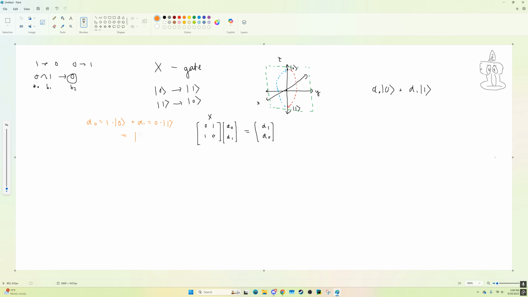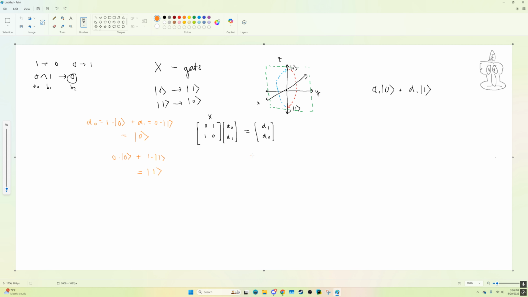And that simplifies to just ket 0, right? And that's what we're saying we're starting with. And then when you apply this matrix X, you are flipping the probability amplitudes. So alpha 0 becomes alpha 1, alpha 1 becomes alpha 0. So now you have 0 times ket 0 plus 1 times ket 1, and that's equal to ket 1. So that ties up the physical geometric representation with the matrix representation.